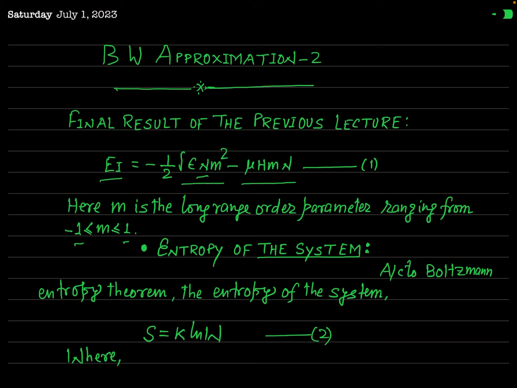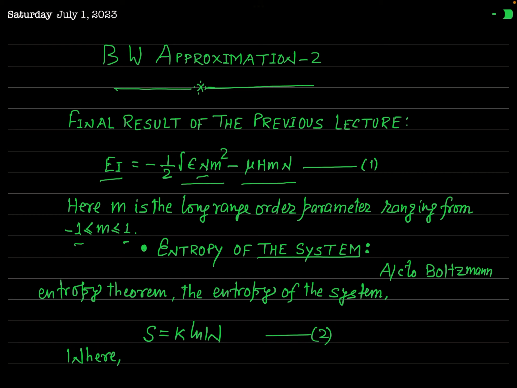This is the concluding lecture on the Bragg-Williams approximation to deal with the problem of phase transition of a ferromagnetic substance. In this lecture, we will find the energy of the system, which is also called the Helmholtz free energy, and then, applying the condition of equilibrium of the system, we can achieve our goal.